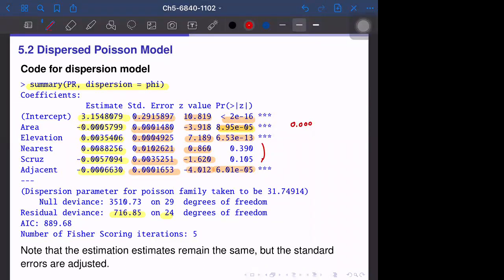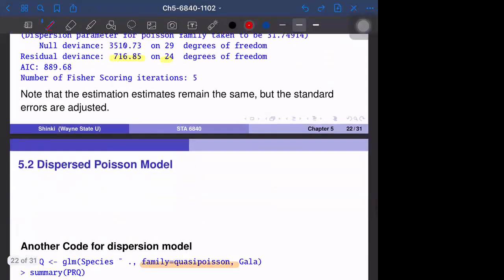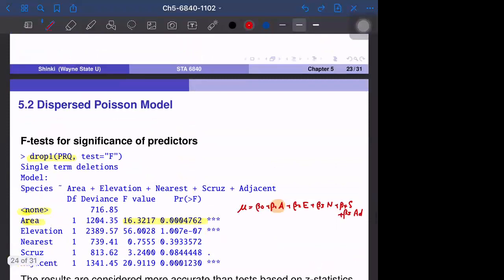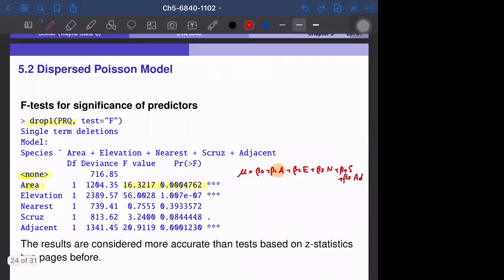So that was 0.00008, and now it becomes 0.00047. So it's actually a little larger, but it's similar.